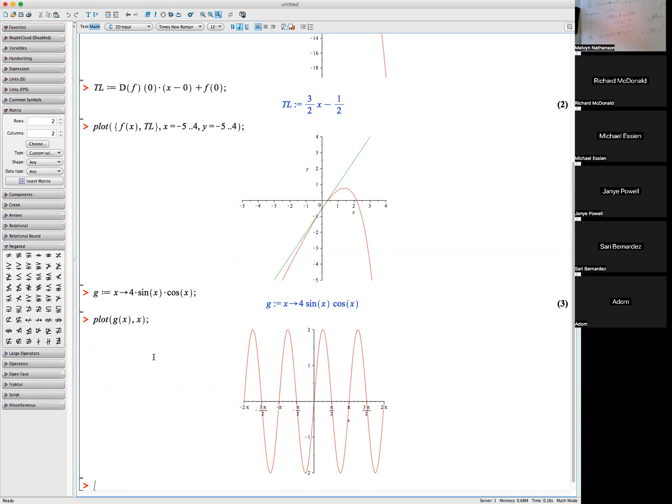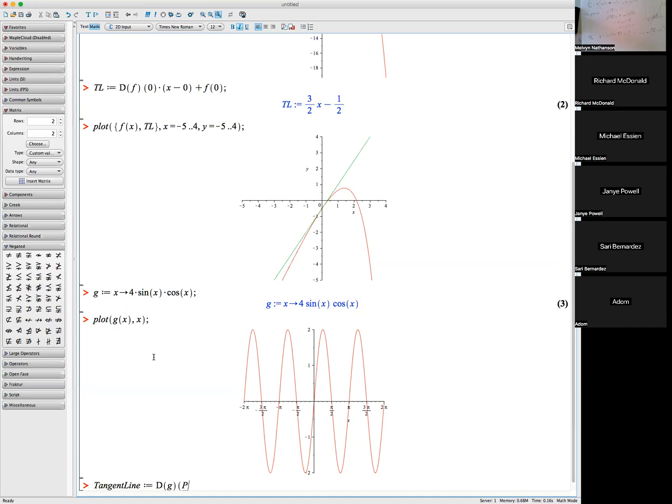And my tangent line, let me call it tangent this time. I'll call it tangent line. My tangent line is the derivative of g at the point pi over 3.